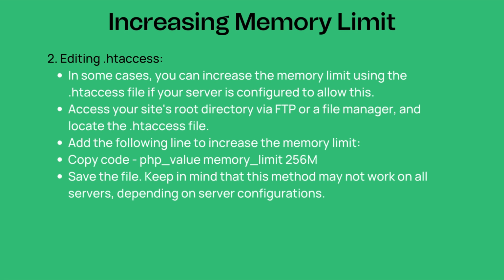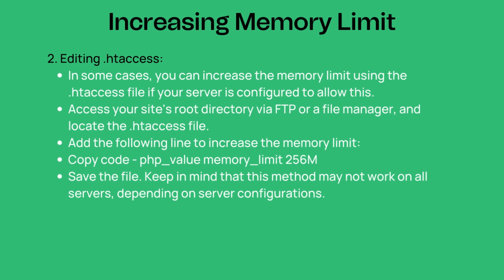With ours, we have 256 megabytes for our memory, so we're happy enough with ours. But if it's 64 or 128, it could be different numbers. Just ensure that it comes up to the higher value. Now, I would say that this method is often effective, and it doesn't even require any server level access.